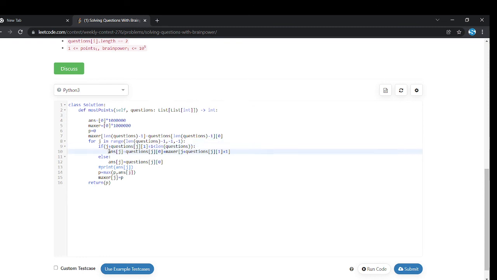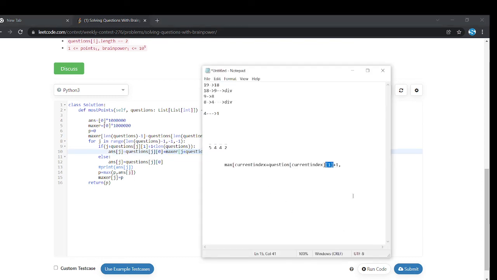And if that's the case, then what we can do is we can simply add this points after solving the jth question, and the maximum of what we have achieved, like as we discussed here, right?